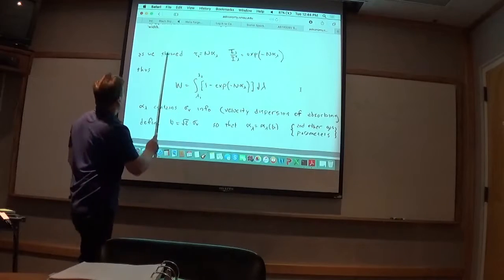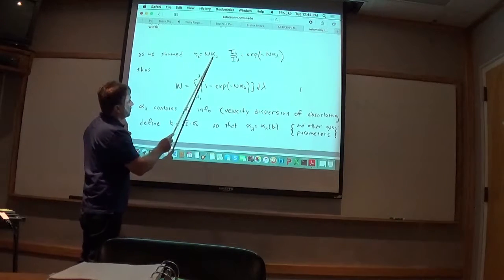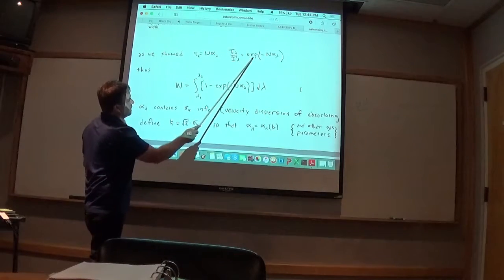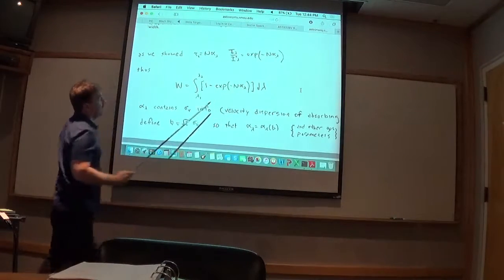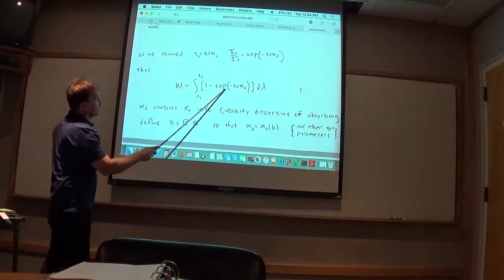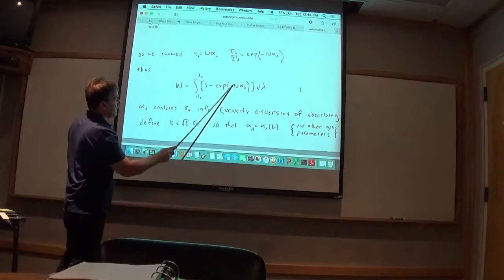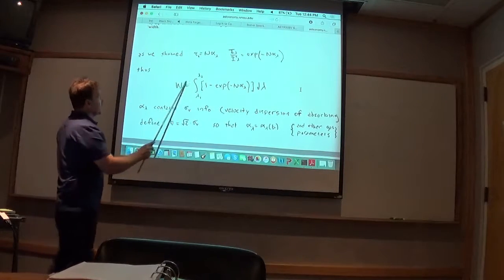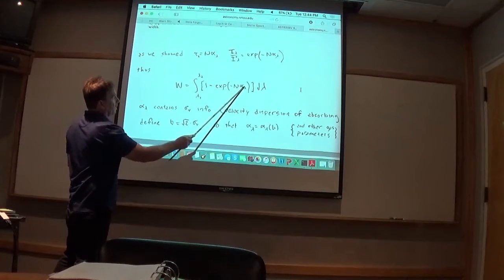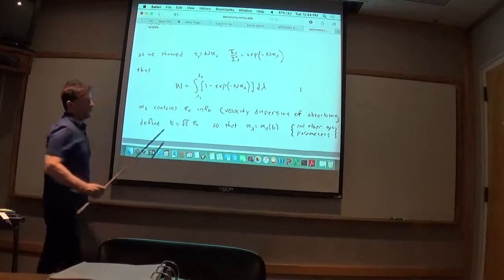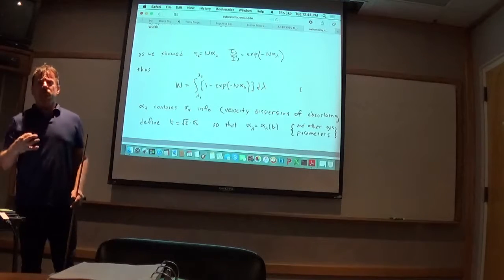Because we've showed that optical depth is column density times cross-section, and you can write I lambda over I continuum lambda as e to the minus N alpha, excuse me, you can write the equivalent width in terms of N alpha or tau or whatever quantity works for you. So if you know alpha, you can solve this integral for the measured W. Because you can measure W directly from the spectrum itself.